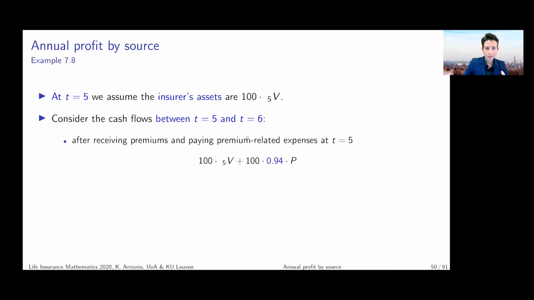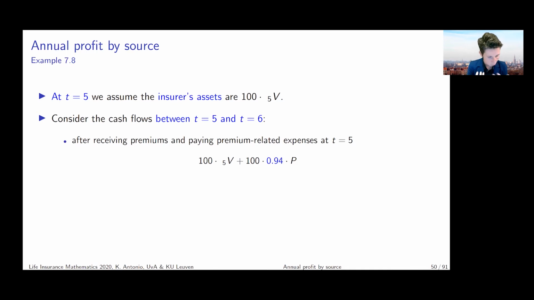So let's look now at the cash flow stream between time 5 and time 6. First of all, we're going to receive premiums for each of those 100 active policies. So that's 100 times P that we can add to the assets that we already have. But we will also have to cover expenses related to the premiums.